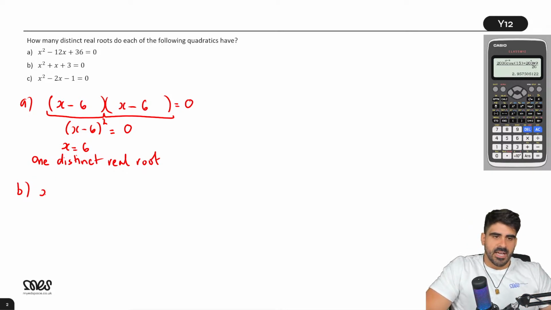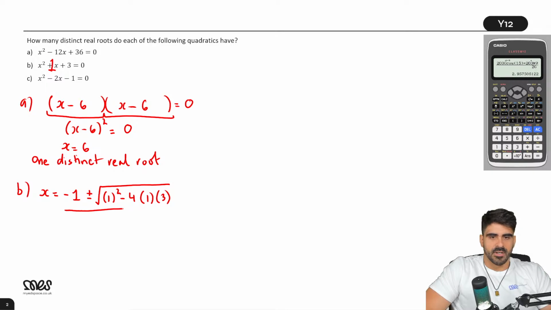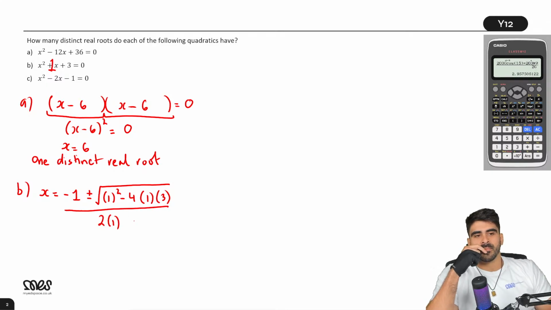So x is negative b, so the coefficient of x there is 1, so negative 1 plus or minus root b squared minus 4ac, all over 2a.